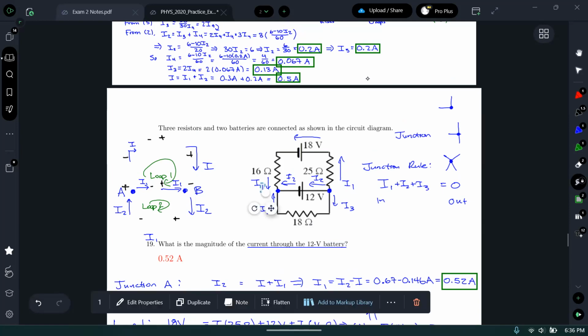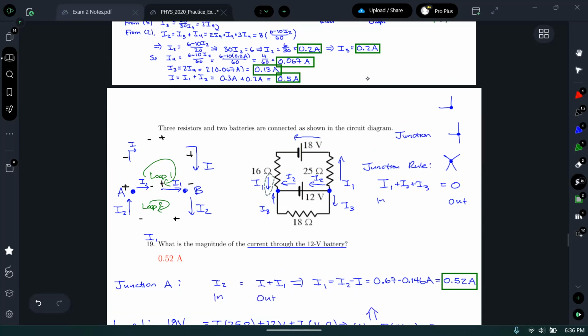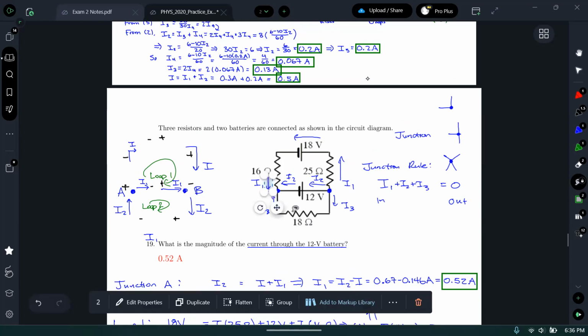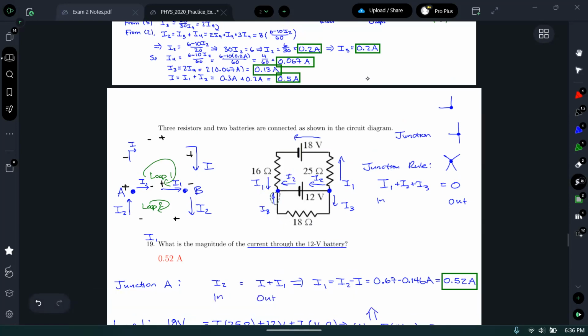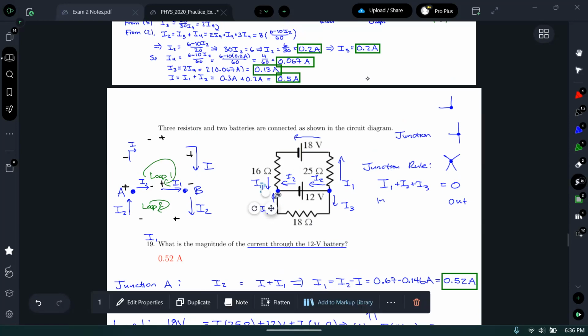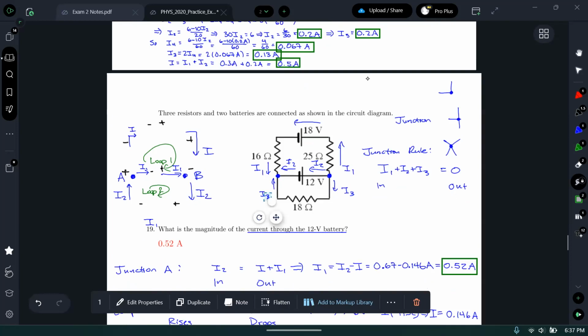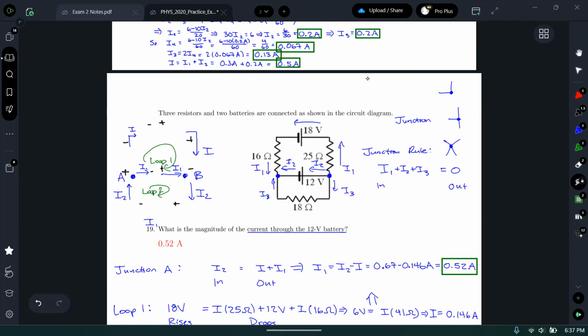Is the confusion with the fact that I decided to draw the arrow this way and then down over here this way, or is it about that I called this one I1, this one I2, and this one I3? Like how you drew the currents. Oh, well, I think I kind of see it going out of the battery, but no, I don't understand why I1 is that. I would think I1 would be I2, I2 going this way, then I1 would be I2. I don't know. I'm kind of confused.